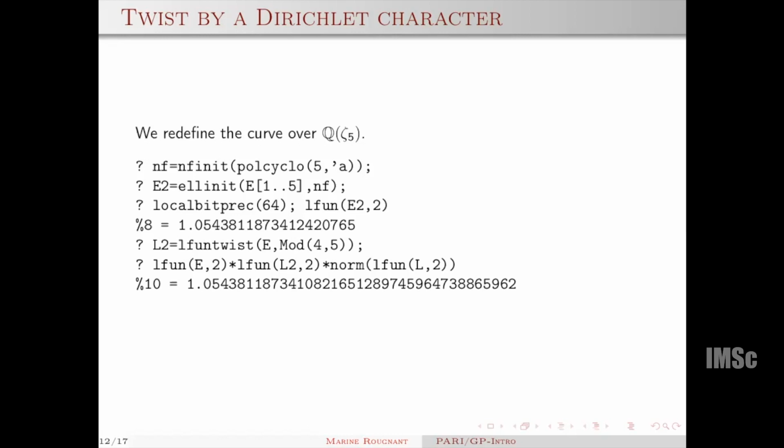If you evaluate it at 2, you get this number. You can still twist it, and you can check some quite known identities. So everything is quite intuitive. You just have to be clear about what your objects are, but this is exactly the same process each time. You define your main object and then create the L function, and everything goes well.